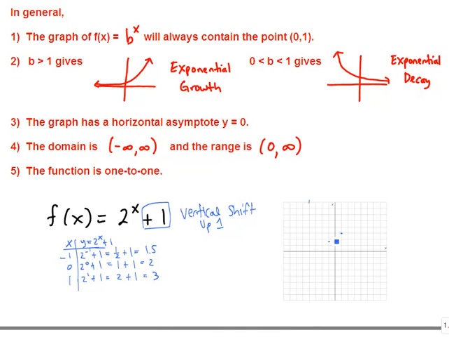And when I graph these, we're going to get that exponential growth shape because we have a base of 2, a number bigger than 1. And remember that horizontal asymptote. Normally a horizontal asymptote starts at 0, but remember we had a vertical shift up 1. So if we shift our entire graph up 1, that horizontal asymptote gets shifted up 1 as well.